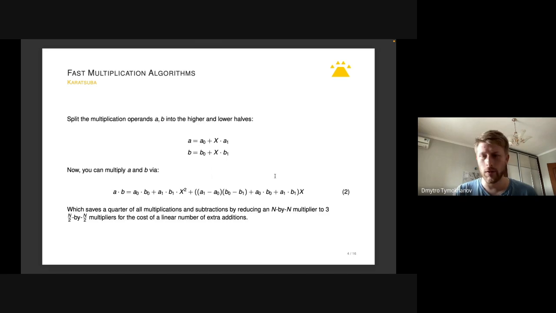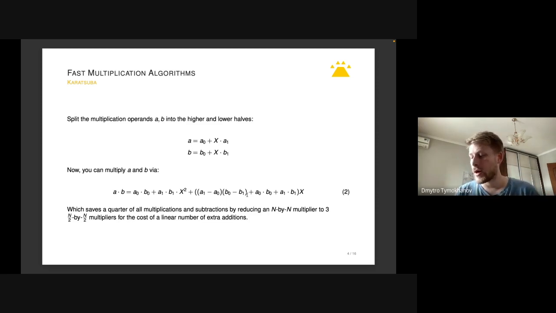You can check just by opening up the brackets that you get the product you wanted. And if you look closely, you only need 3 multiplications of n divided by 2 by n divided by 2 limbs, instead of an n by n multiplication, which, if you count it, saves you a quarter of the multiplications if you do these 3 smaller products by our default algorithm.